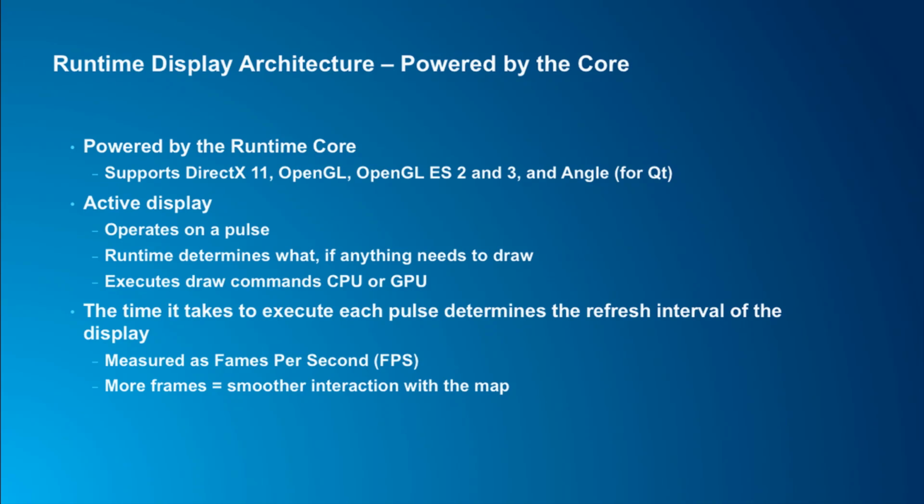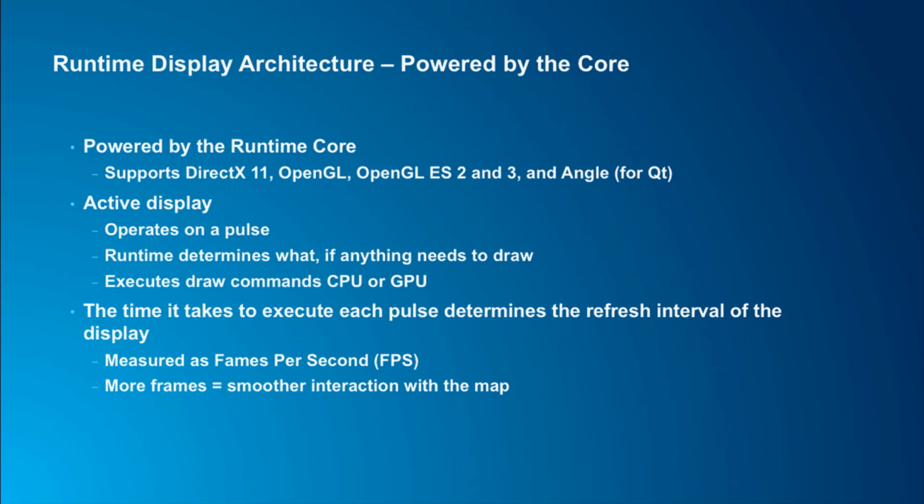So the runtime display architecture is powered by the Runtime Core. We support at Quartz, at version 100, DirectX 11, OpenGL of various versions, OpenGL ES 2 and 3, and Angle, and that's specifically for Qt. It's an active display. It operates on a pulse. So this pulse happens, I think, every 15 milliseconds, but that's an API we expose to the APIs that they can kind of change.